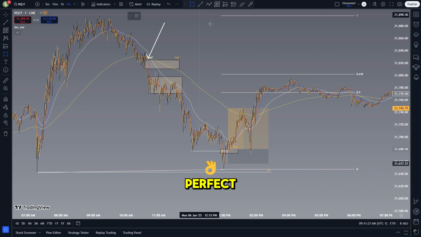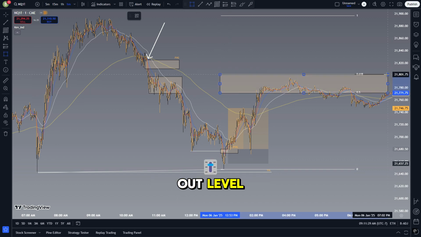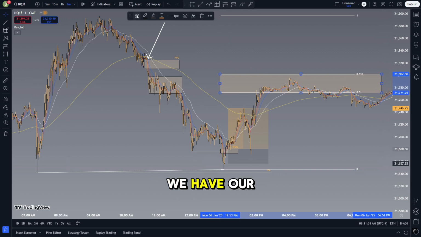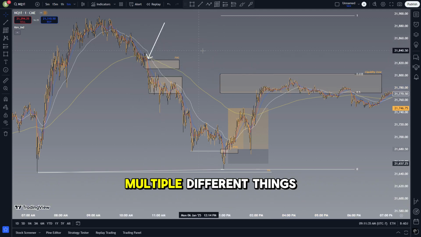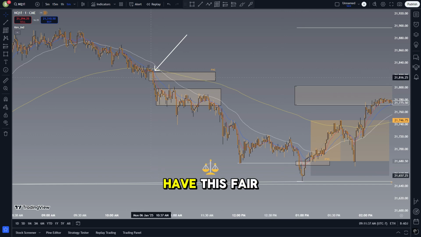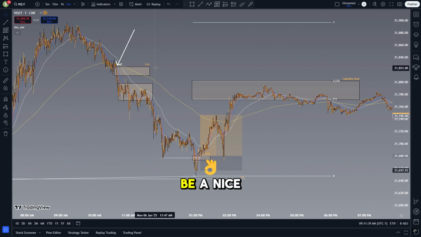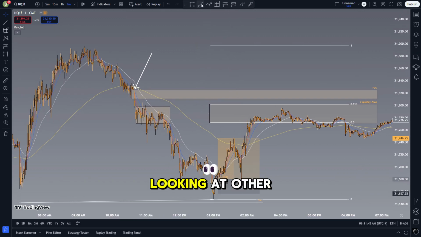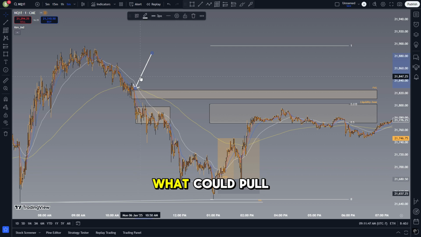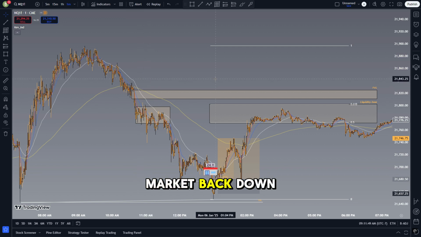So perfect. Now that we have our marked out level, our marked out liquidity zone, so to say, we also have to look at multiple different things. We can also have this fair value gap up here be a nice order, and that's when you start dragging these things out and you start looking at other confluences and you're like, okay, this is exactly what could pull market back down.